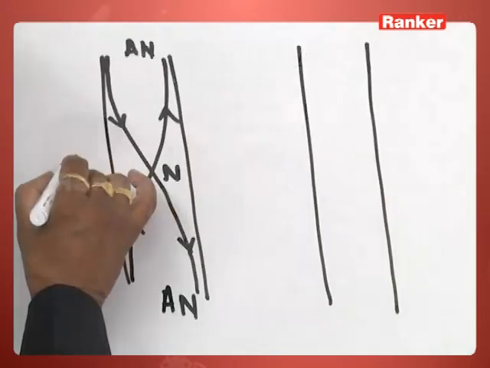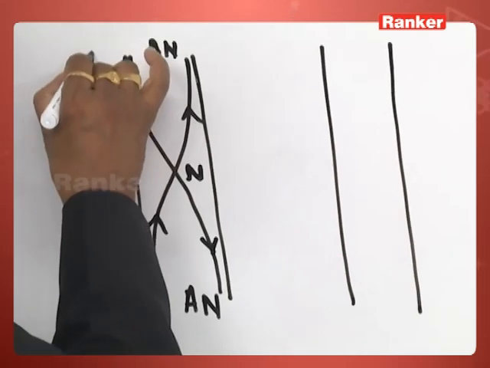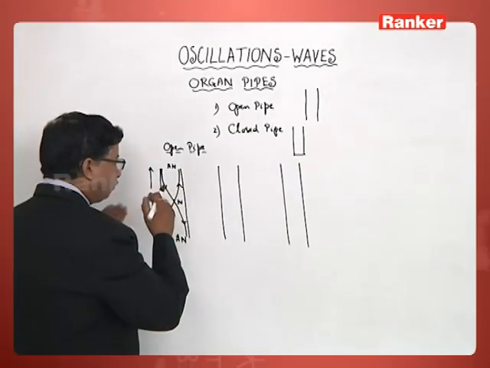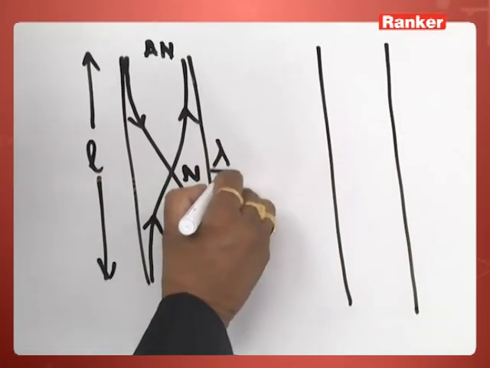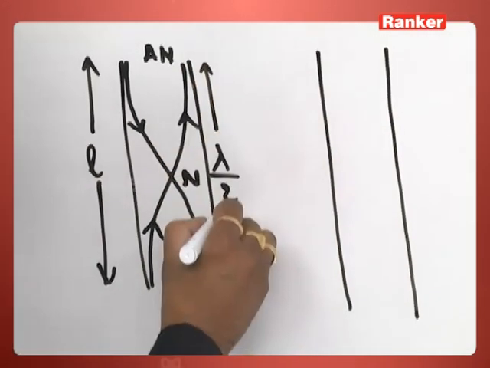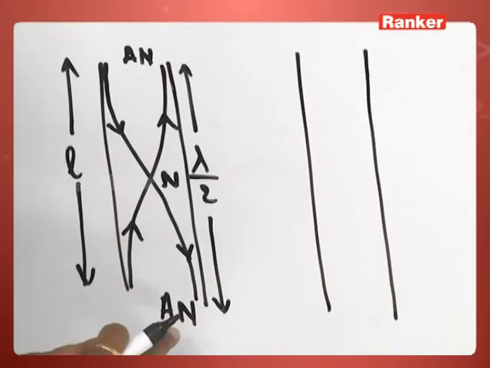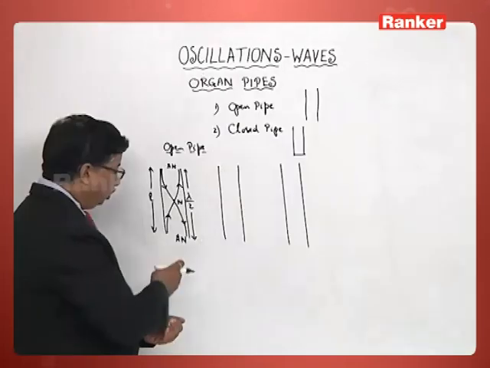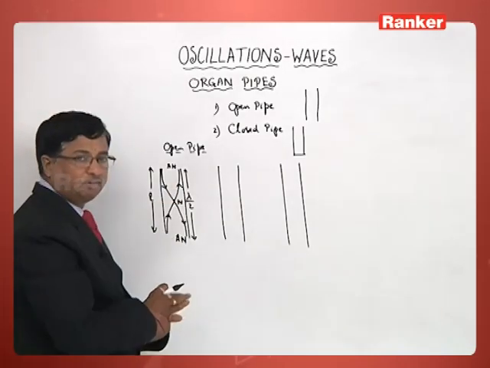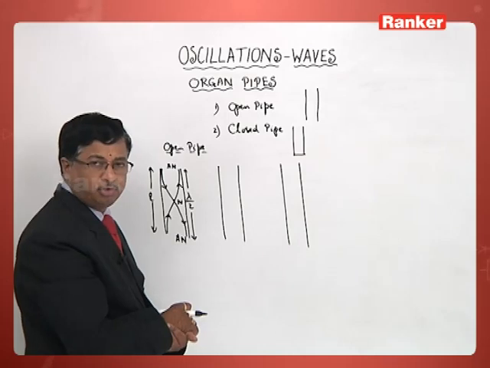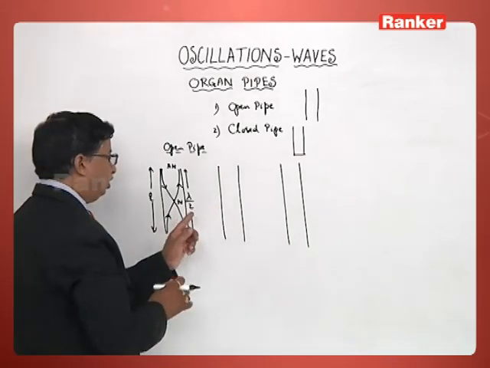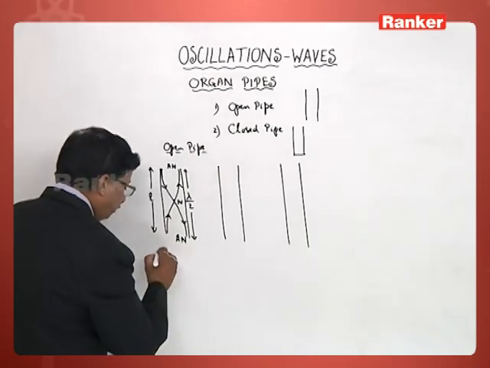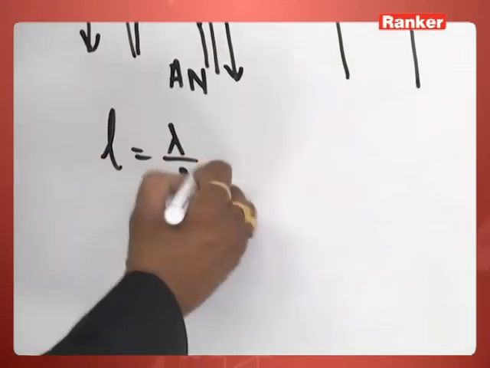Suppose I consider the geometric length of this pipe as L, then how much is it going to be? It is equal to lambda by 2. You can definitely understand an antinode and the immediately next antinode: two successive antinodes in a stationary wave, the gap between them is lambda by 2. So, I can write L is equal to lambda by 2.